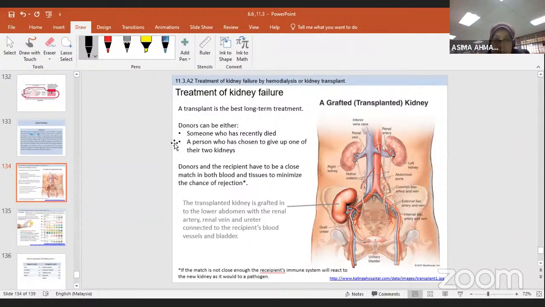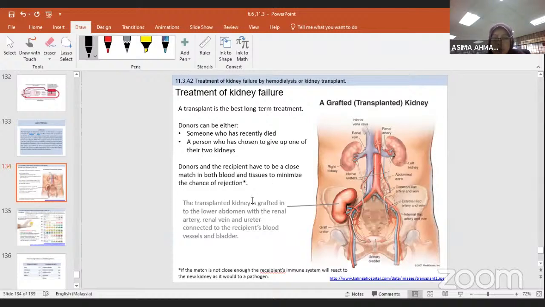Okay, so donors can be either someone who has recently died, or a person who has chosen to give up one of their 2 kidneys, because we can survive with only 1 kidney. So kalau ada orang nak derma, boleh lah. Donors and the recipient have to be a close match in both blood and tissues. This is to minimize the chance of rejection.